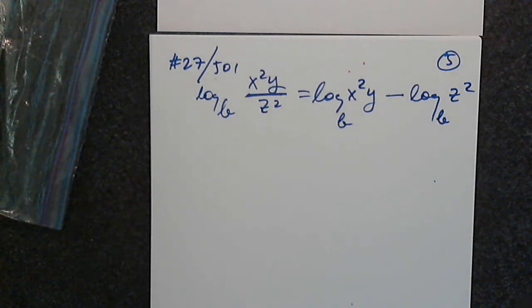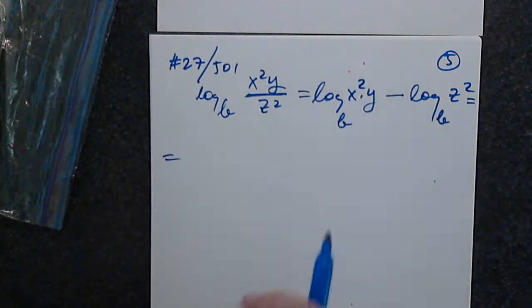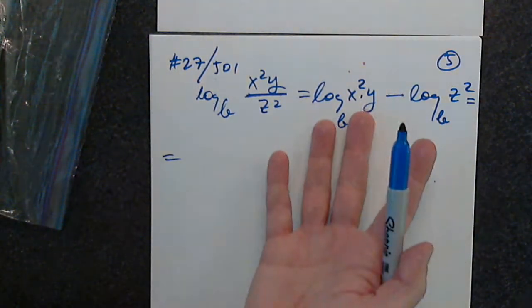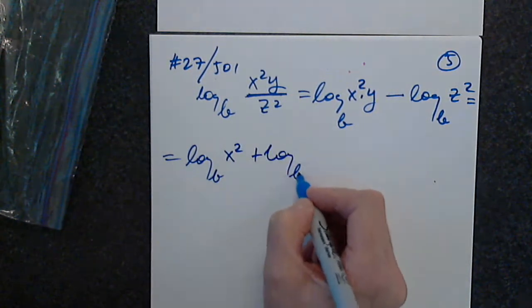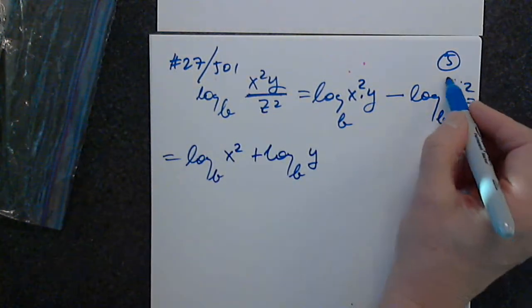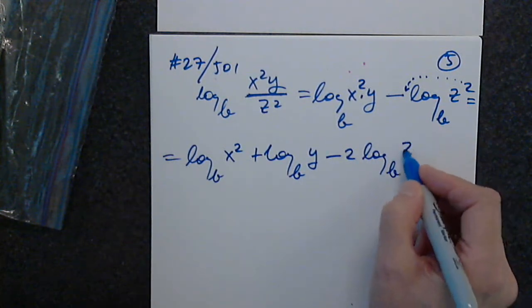We're expecting that the log that is applied to the quantity from the denominator will have a negative in front. And it does, because it comes from the denominator. Now I see a product. I apply the product rule. Log base b of x squared plus log base b of y. And here I can bring the 2 in front already. Minus 2 log base b of z.